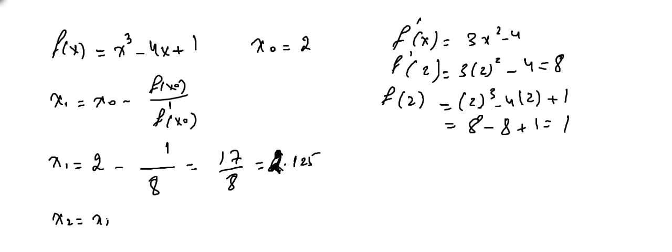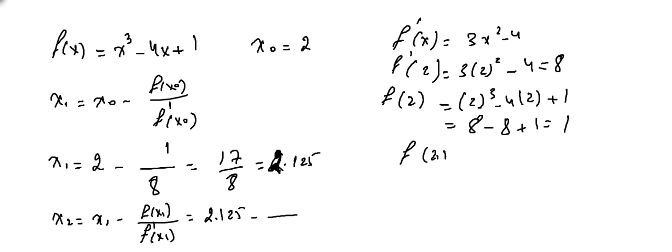Now let me find x2, because he said to perform two steps. x2 is x1 minus f of x1 divided by f prime of x1, and that is 2.125 minus f of 2.125, which is 2.125 to the power 3 minus 4 times 2.125 plus 1.